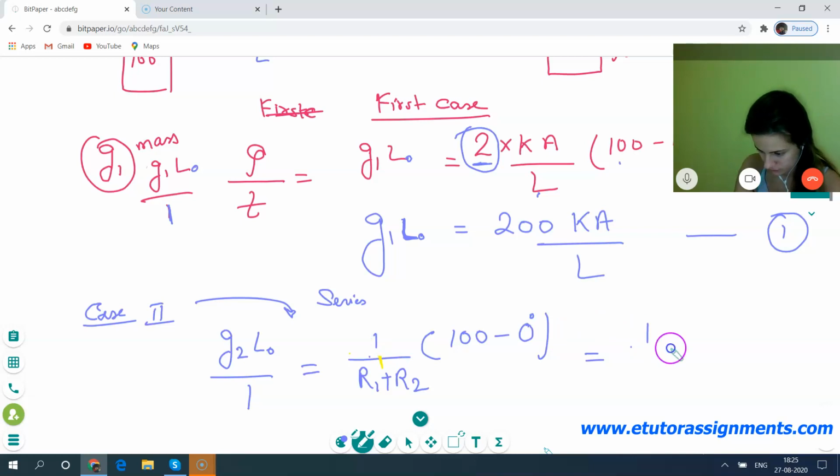Can I write 1 by 2R, because both are of the same material, into 100? Agreed? And can I write the R value as the same thing, KA by L? The R value will be 1 by KA by 2L.